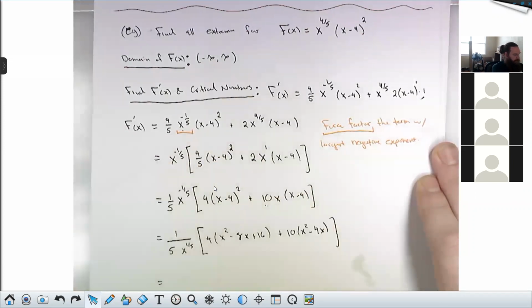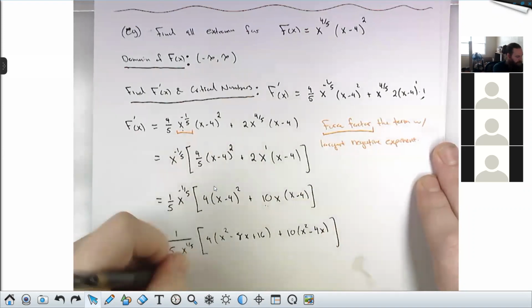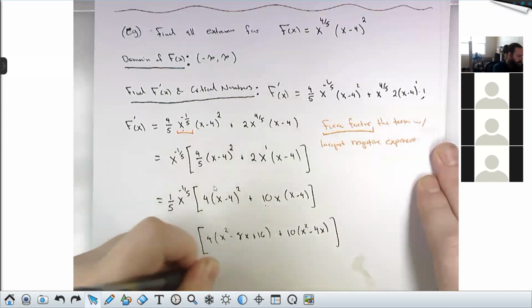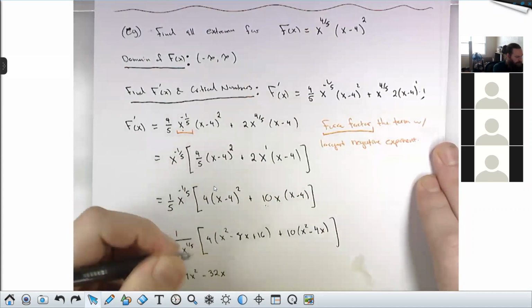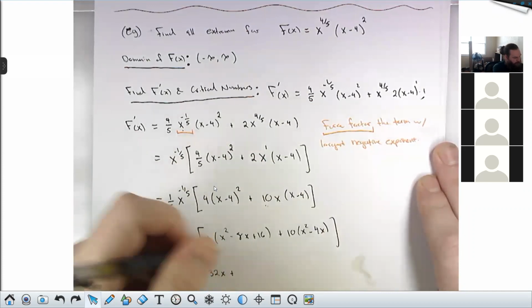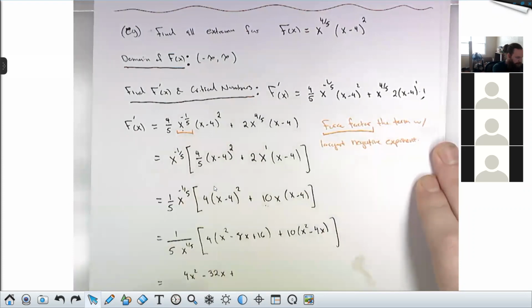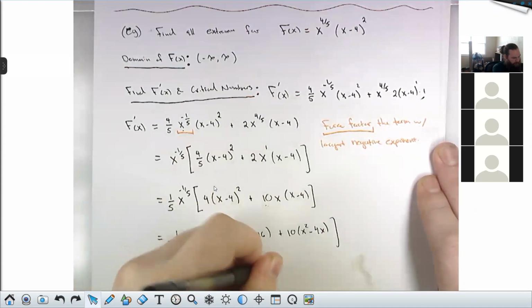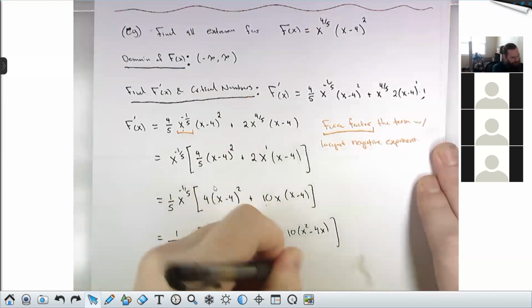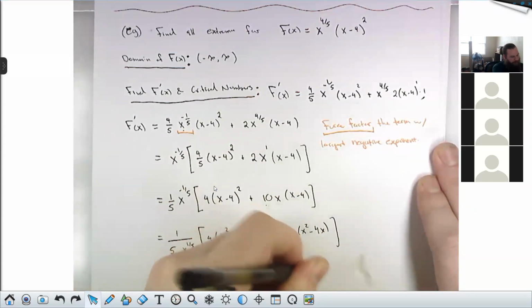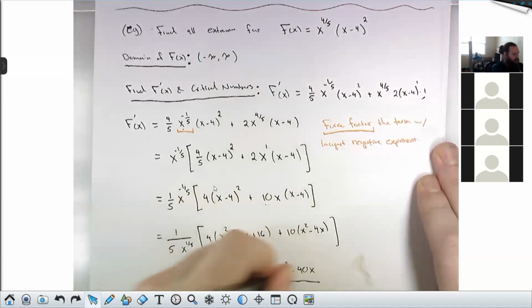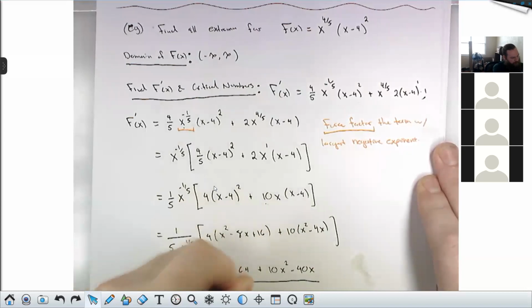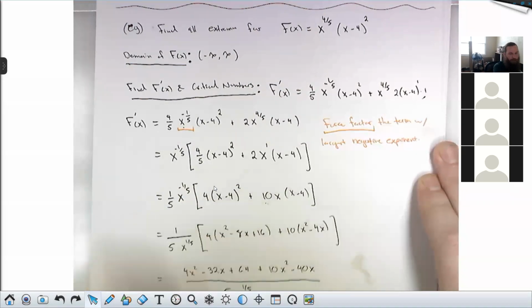And if I distribute the 4 up here, I'll get 4x squared minus 32x plus 4 times 16, is that 64? And then plus 10x squared minus 40x. And all of this goes over 5 times x to the 1/5 power.